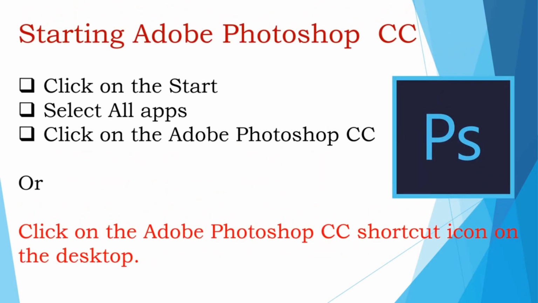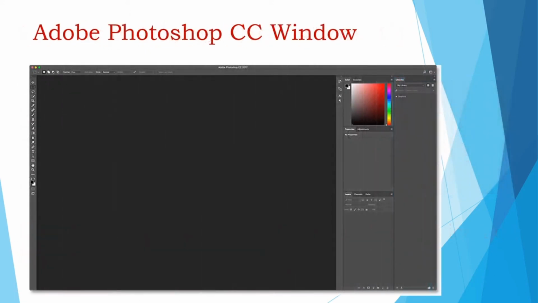Starting Adobe Photoshop. To start, click on the Start button. From there, you can select All Apps. Then click on Adobe Photoshop, or click on the Adobe Photoshop shortcut on the desktop. Here you can see the Adobe Photoshop CC window.